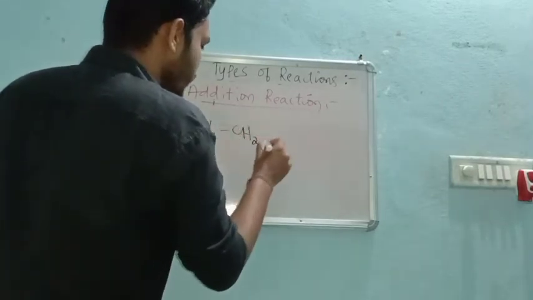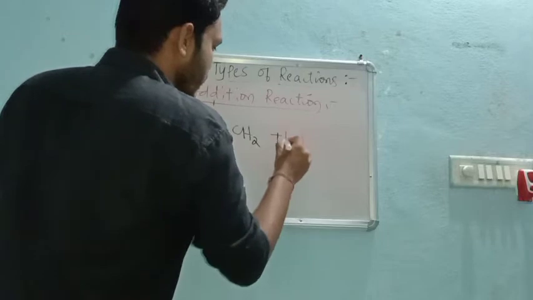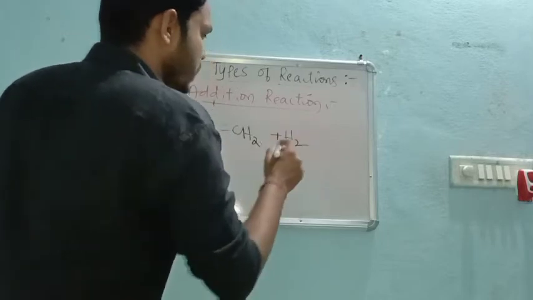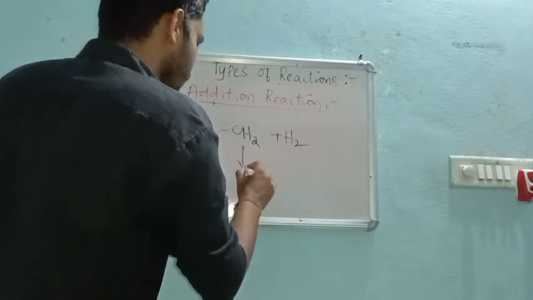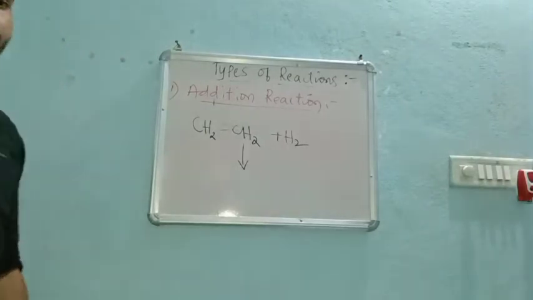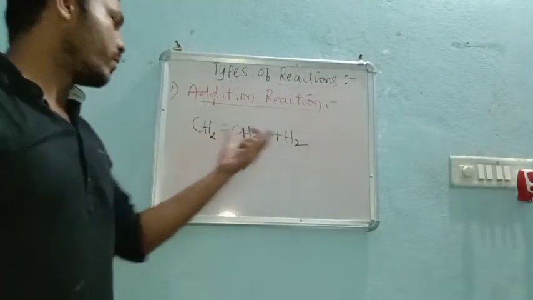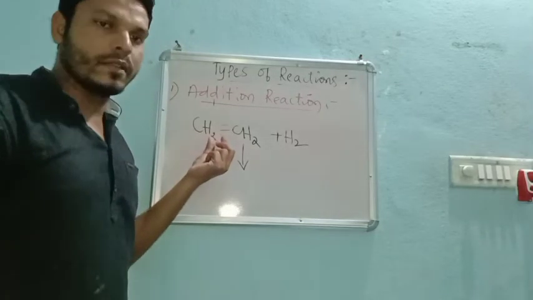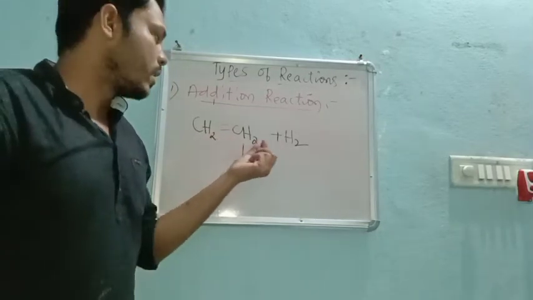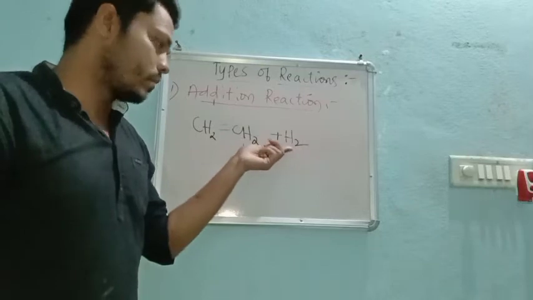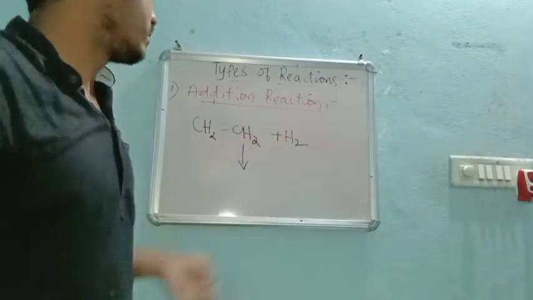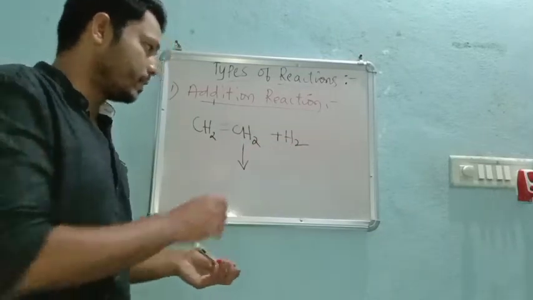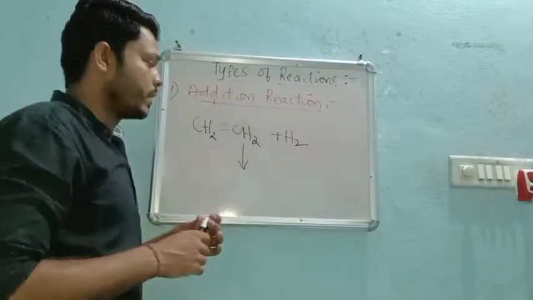CH2=CH2 plus H2. Then what will be the product? We took two reactants, in which one is an alkene, that means an unsaturated compound. To that alkene, we are adding H2.